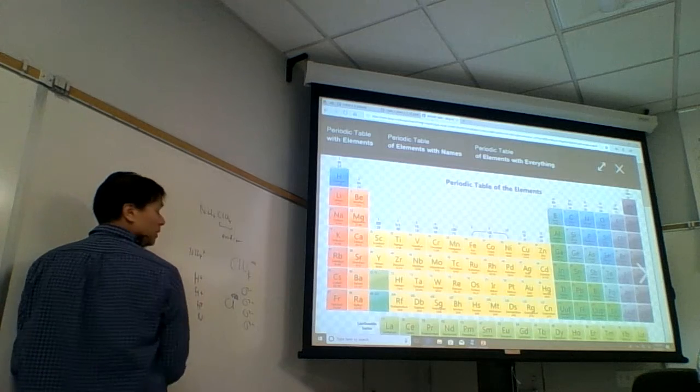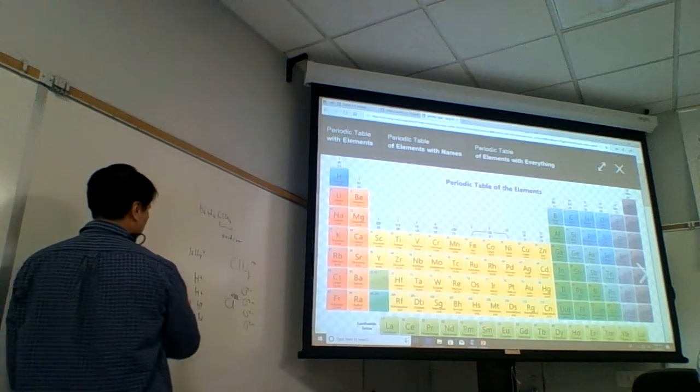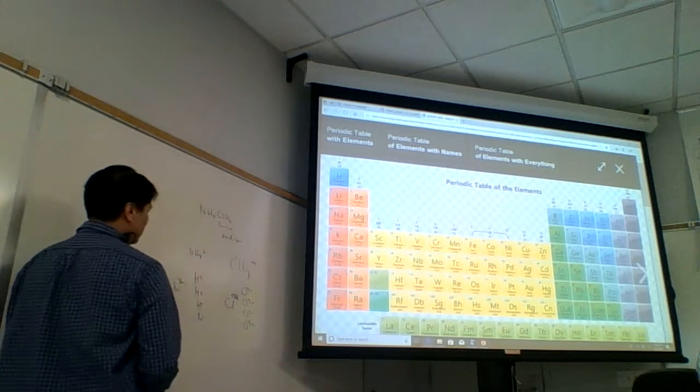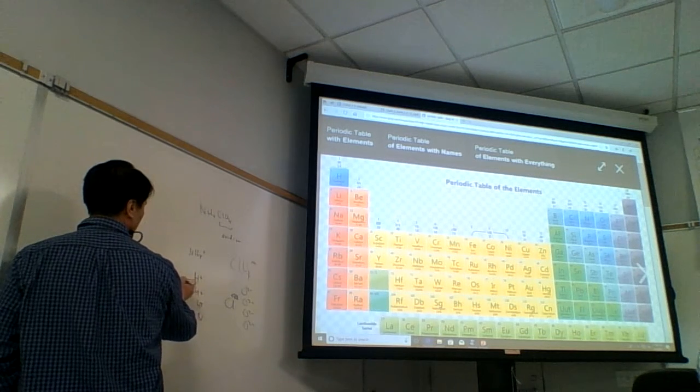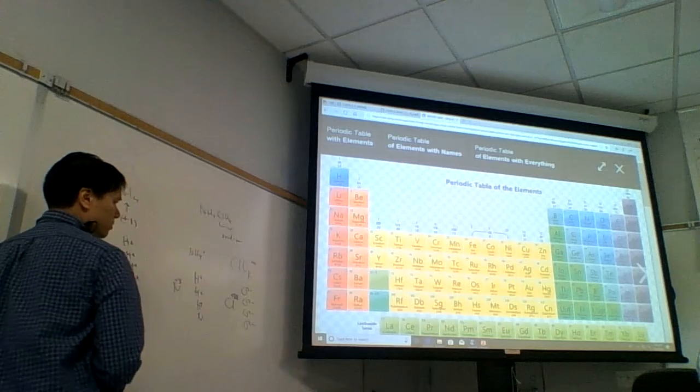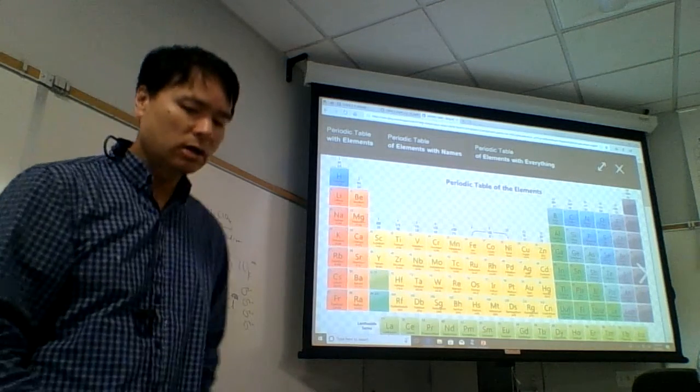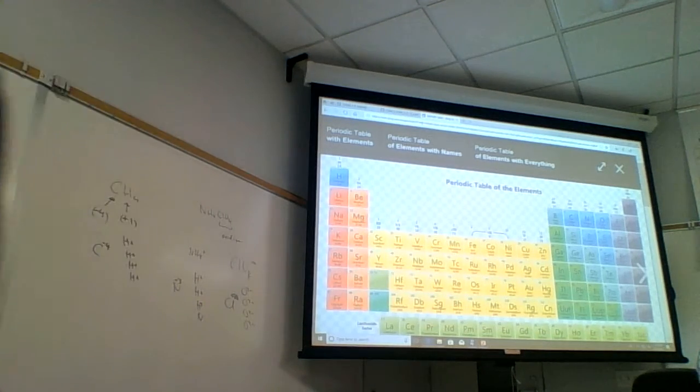So nitrogen must be, yeah, 3 minus or -3. For oxidation states, we usually put the charge in the front, like this. For just charged ions, we usually put the charge on the back. -3 oxidation state on nitrogen, which means is ammonium electron rich or electron poor? How would you classify it?